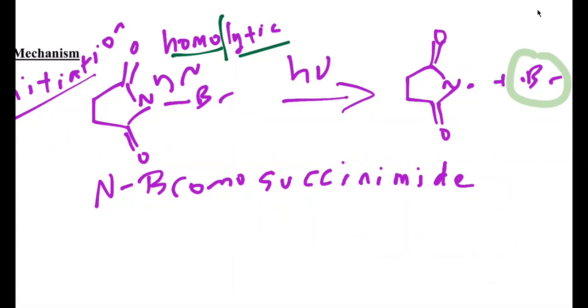When we get to termination, you're going to see 4 radicals, and you'll think back to the first part and say, wait a minute, we only made 1 bromine radical. But you're making billions of those. That's the point. You'll see what I mean when we get to the termination part.